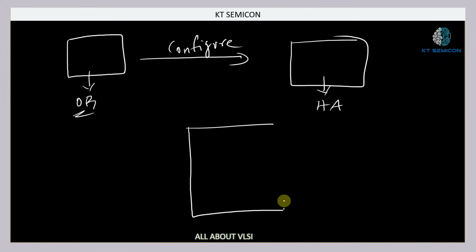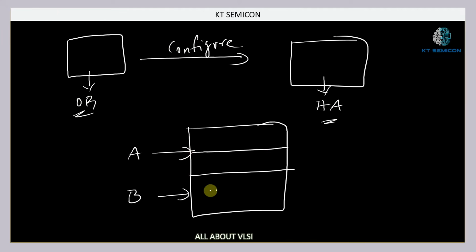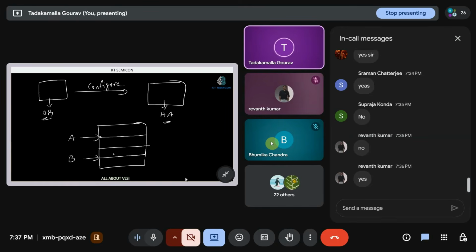I'm going to have the LUT, and I'm going to take a two-input LUT only, because a half adder is a two variable function, right? So I'm going to again have four memory locations. Now tell me what should be the values present inside these memory locations.